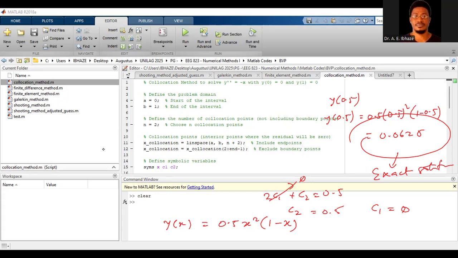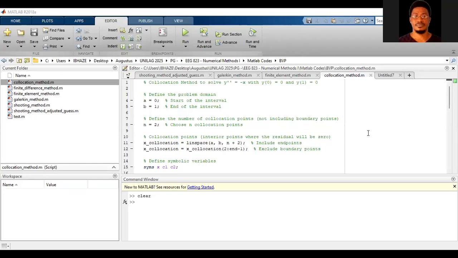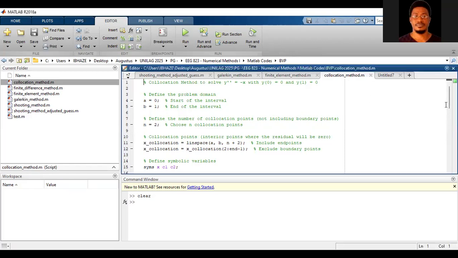Now, if we look at what we have here, we have defined the domain as a equal to 0, b equal to 1, which is the start and the end of the interval.